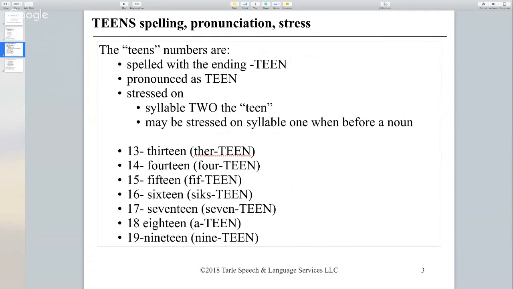Okay, so let me show you my face. Hello again. Okay, I'm going to go ahead and pronounce these and stress syllable 2. And again, we're going to do that because in the tens words, we stress syllable 1 and we made that word longer, the vowel longer, higher in pitch, and a little bit louder. Now we're going to stress syllable 2. We're going to make that louder, a longer vowel, and higher in pitch.